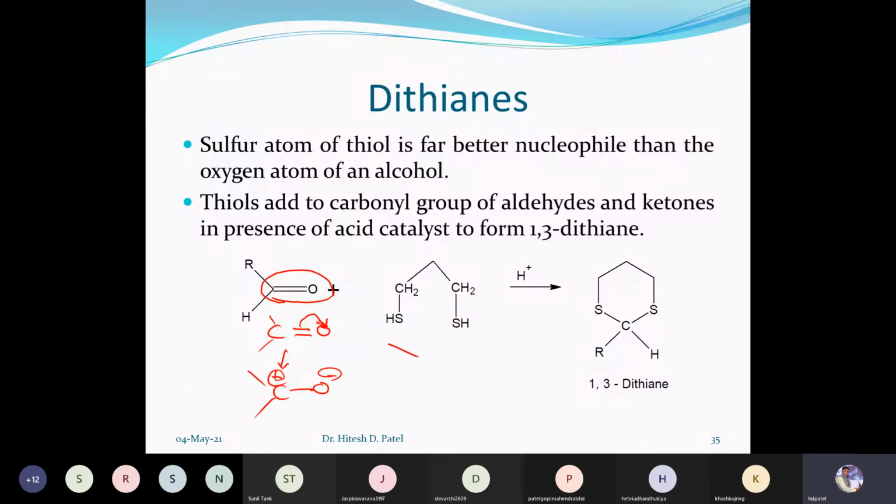But by using the reagent 1,3-propane dithiol, we will get 1,3-dithiane.